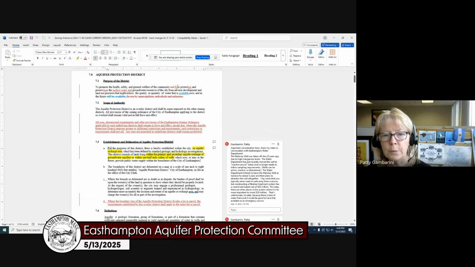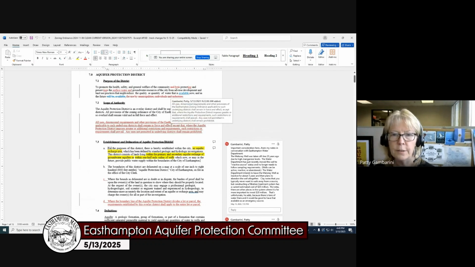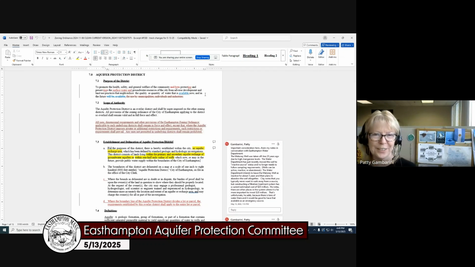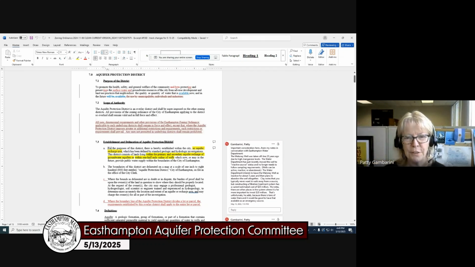So I just had some thoughts in these first sections about streamlining the language here. And what I can do is share this with you after the meeting. There's a lot further down that is a mess right now, so don't look at those parts, because I was trying to figure out under the prohibited or permitted uses what those should contain.